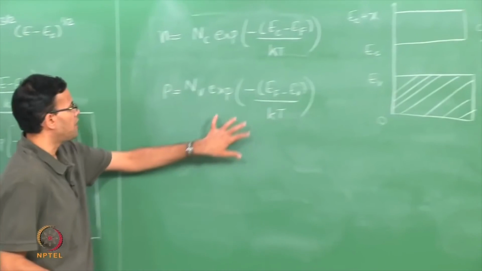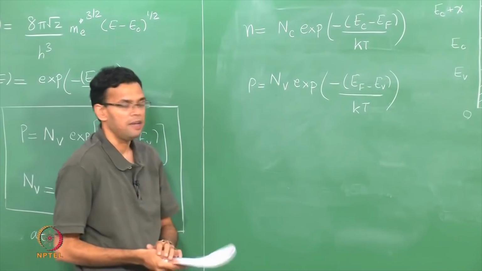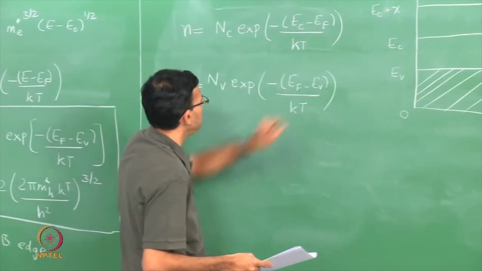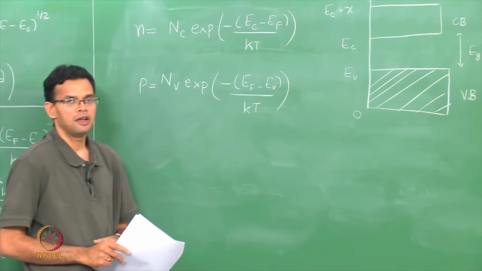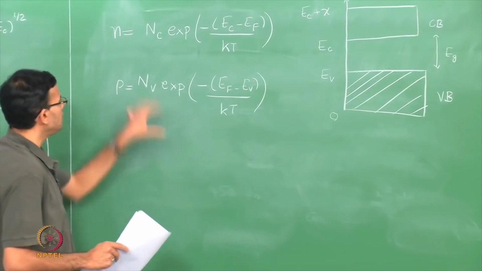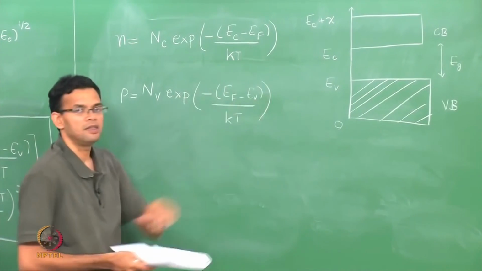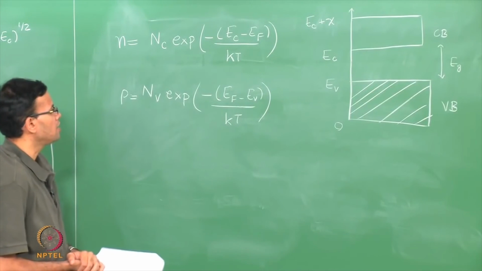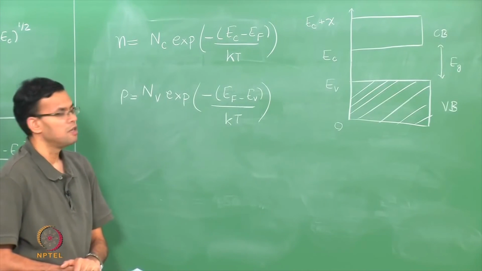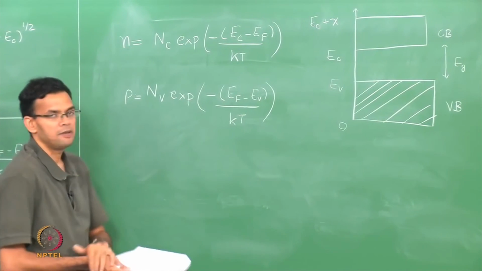So, here is your expression. As long as we know all these values Nc, Nv, Ec, Ev, we can calculate the concentration of electrons and holes. If you look at these expressions, the Fermi energy term EF is in there, but I have not marked where the Fermi energy is. So, if you do not know where EF is, you will not be able to calculate n and p.